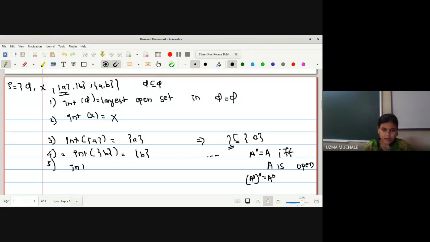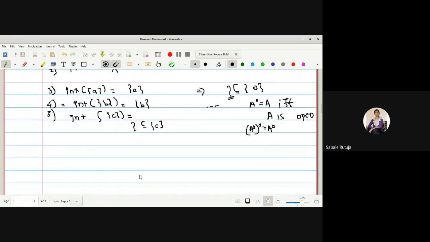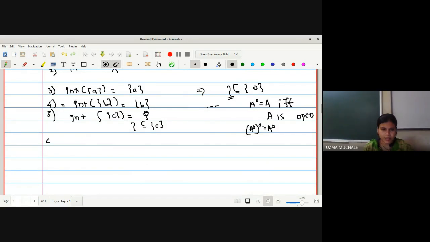Now let me find the interior of singleton C. What is the largest open set contained in singleton C? Phi. So we can write the empty set. Let us go for finding the interior of AB. What is the largest open set contained in AB?